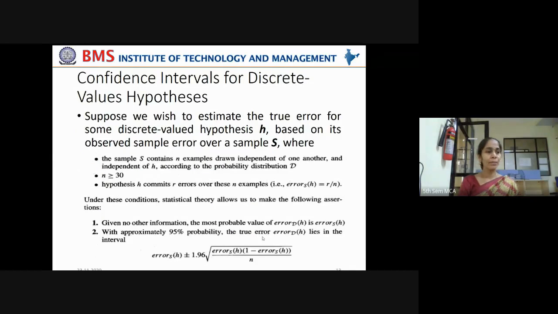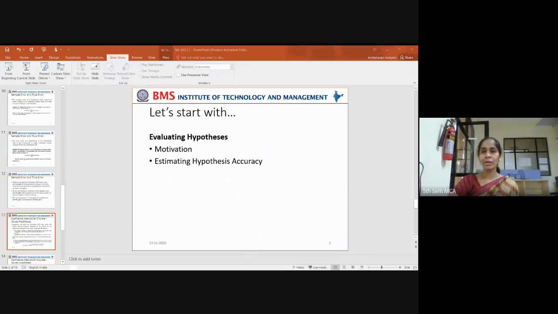Time is up. I think this concept, confidence intervals for discrete valued hypothesis, we can cover in the next class. Any doubts still, students? It is a new chapter. If you don't understand the starting concepts, it will be difficult for you later. Are the concepts clear, what has been taught today? Can any one of you confirm?